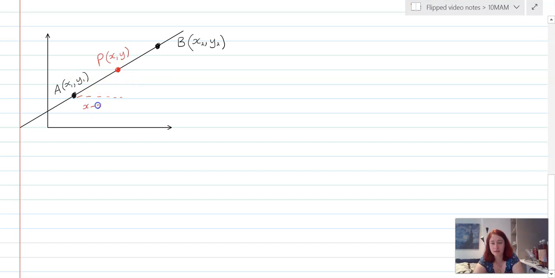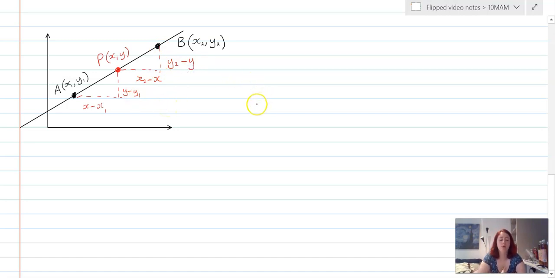If we wanted to find the distance between point P and point B, we've got the same thing, only here that value would be x2 minus x. We can do the same thing with our y. So that would be y minus y1, and that would be y2 minus y.